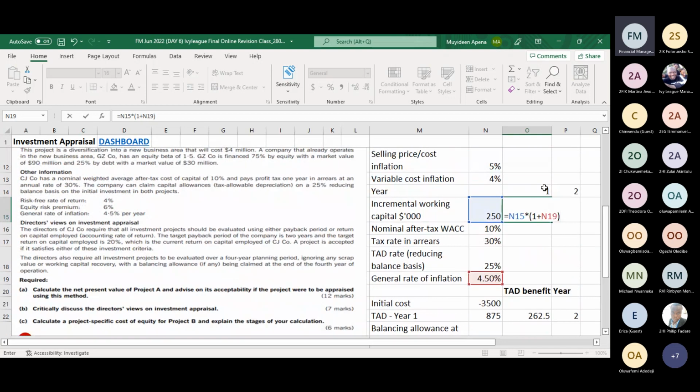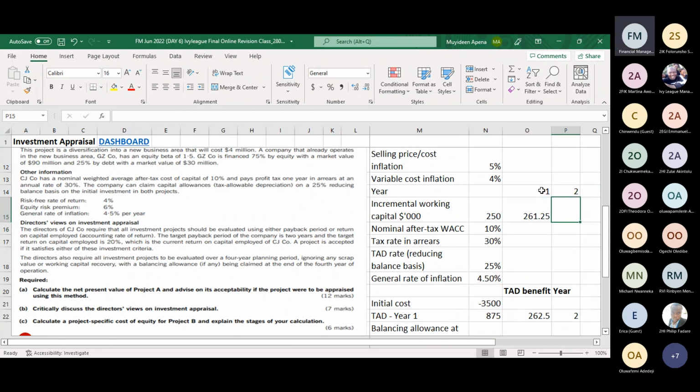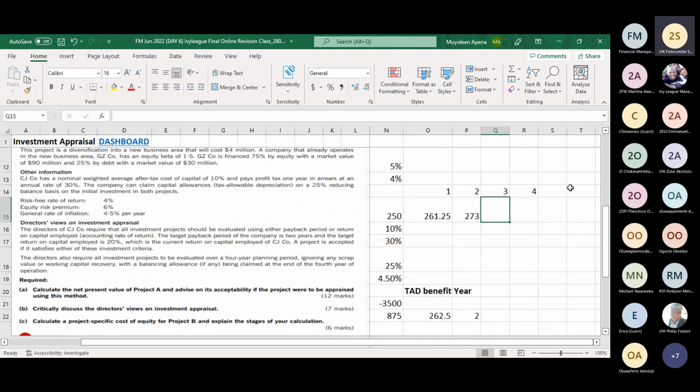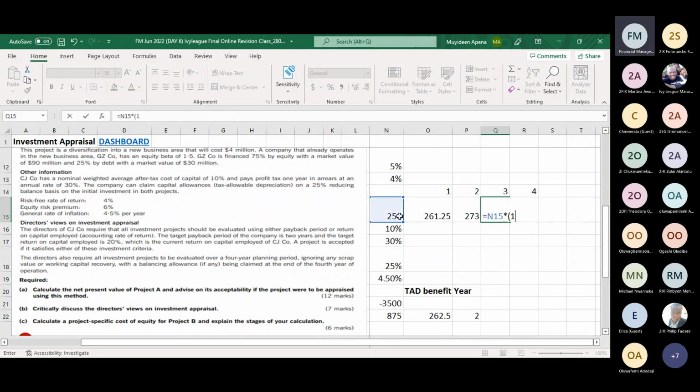Are we following? Year 2 equals 250 times 1 plus 4.5% raised to power 2. Year 3 equals 250 times 1 plus 4.5% raised to power 3.